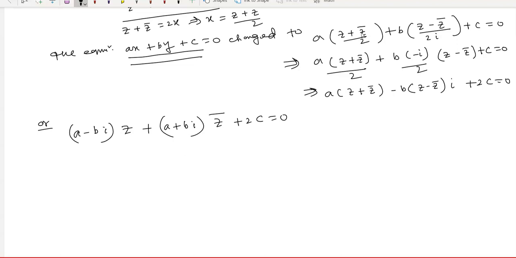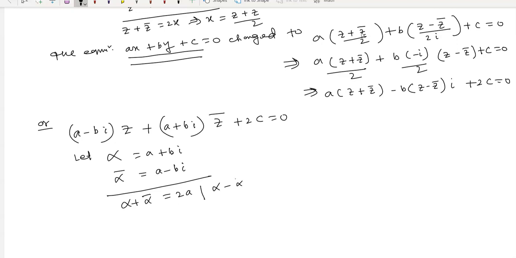Suppose we let alpha equal to a plus bi, so alpha bar is a minus bi. So alpha plus alpha bar is 2a, and alpha minus alpha bar is 2bi, isn't it?